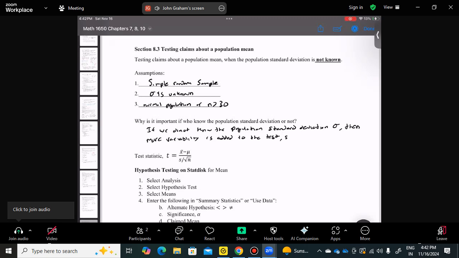Right. So we use a t-test with a student t. Okay, so our test statistic is actually a t-statistic, not a z-statistic.